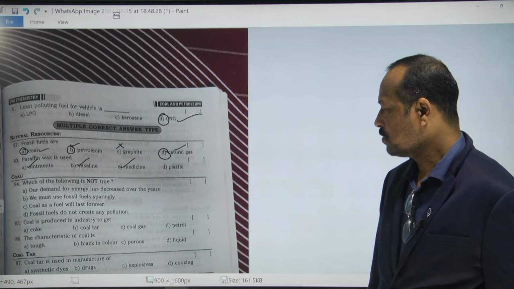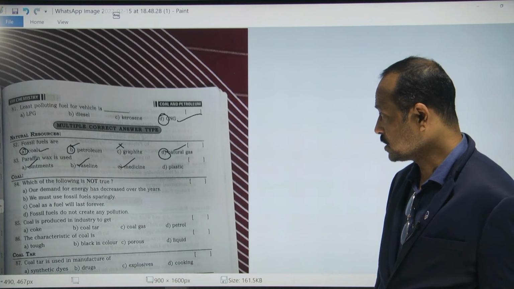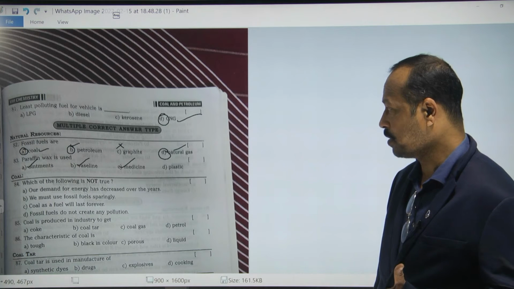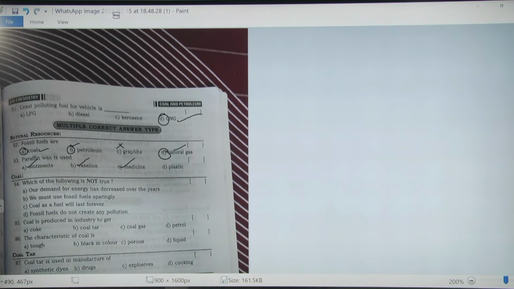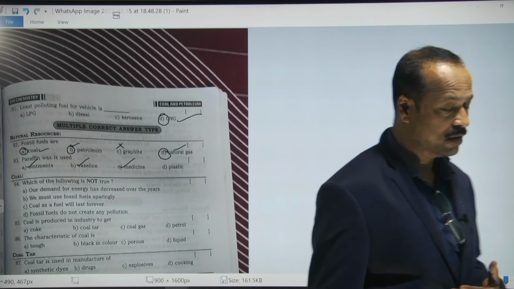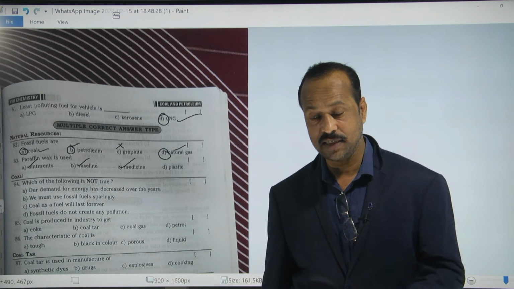Next, which of the following is not true? This also comes under multiple correct answers. Maybe 1, maybe 2, maybe 3, maybe 4. Once you check here: our demand for energy has decreased over the years. Is our demand of energy decreasing or increasing?